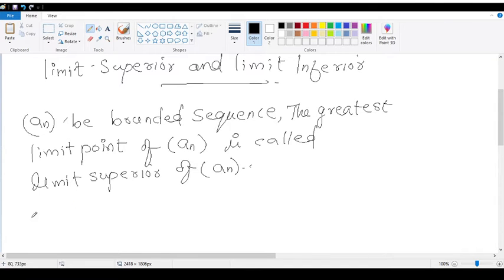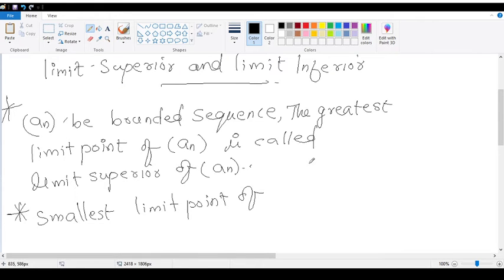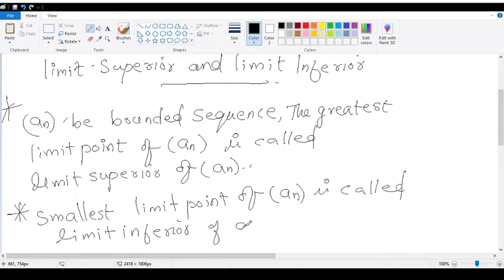Similarly, limit inferior. Limit inferior is the smallest limit point of an. The smallest limit point of an is called the limit inferior of an.